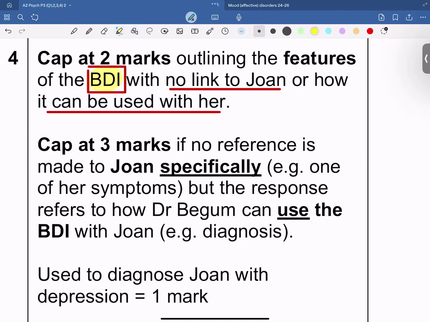Now, number two, cap at 3 marks if no reference is made to Joan specifically. Specifically as in one of her symptoms, remember when I was marking down the symptoms there, but the response refers to how Dr. Begum can use the BDI with Joan, that is through a diagnosis. Now, keep these things in mind.